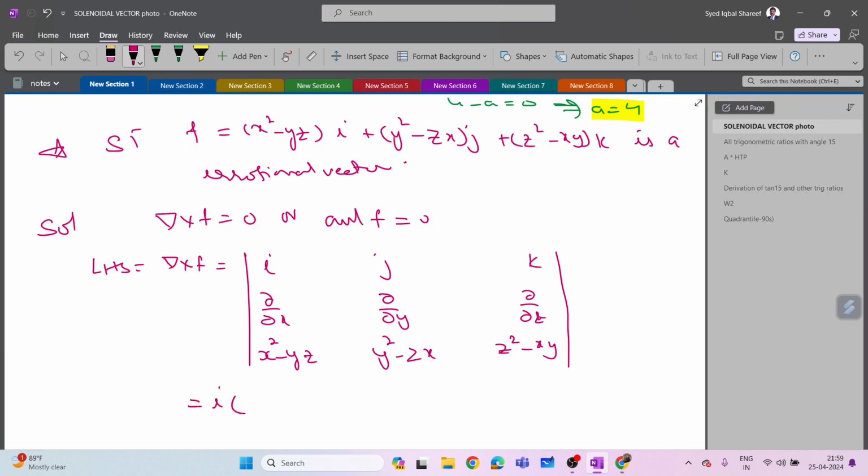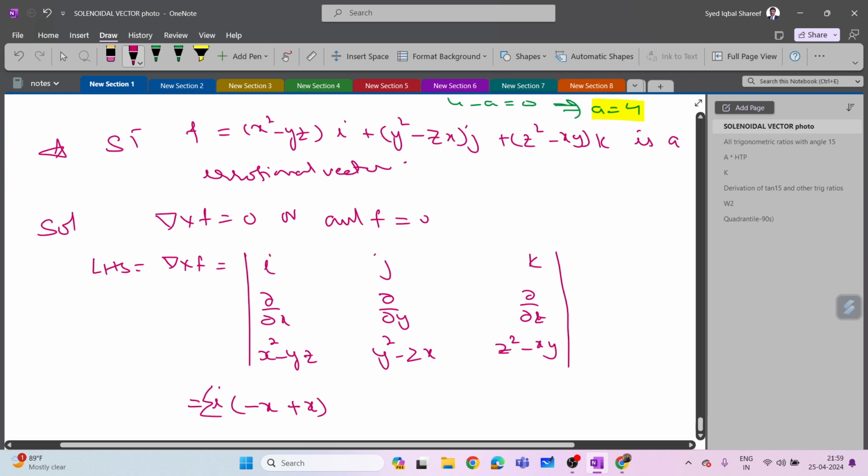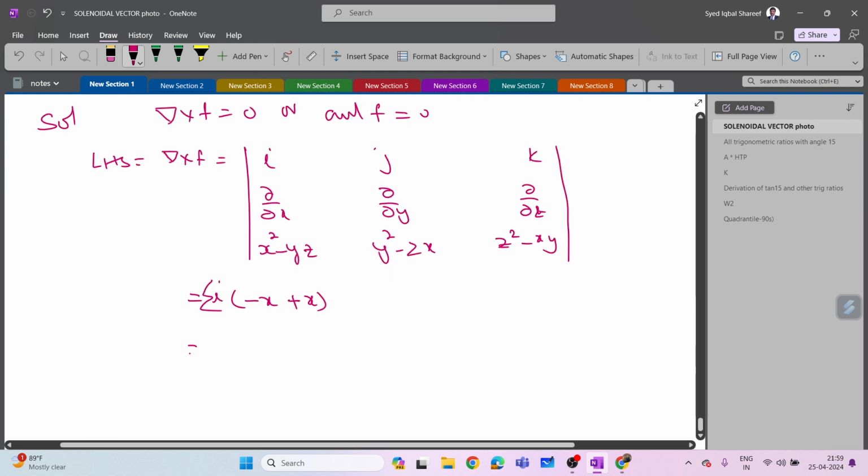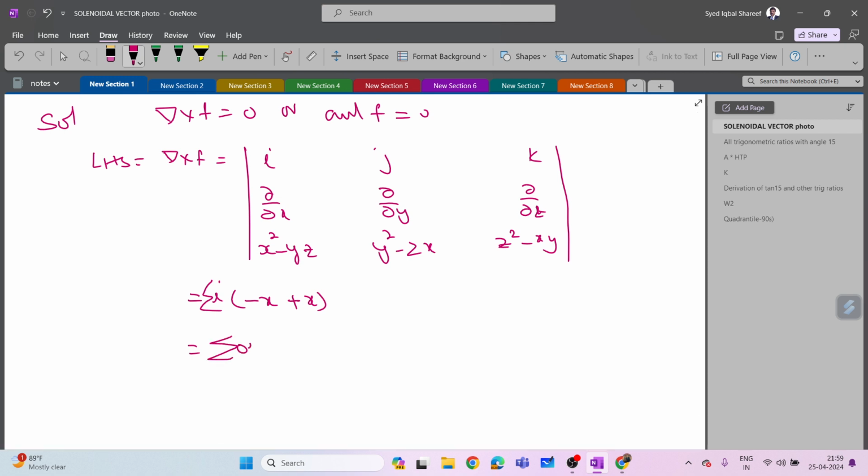This is dou by dou y, which means minus x. This is minus dou by dou z. Minus x already, minus 1, plus... you see this is minus x plus x. Write the summation. Minus x plus 1 plus x is 0. So this is 0i.